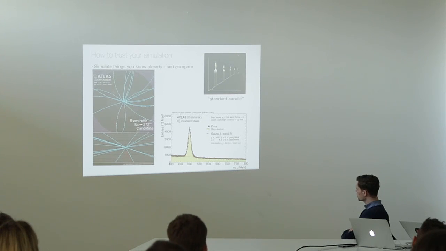And you can see that there's a perfect match between the black data points and exactly the filled yellow shape, which means our simulation describes this known particle to, I don't know, per mill level accuracy, and that's what we wanted to have. If you repeat that more and more often with different standard candles, you can start building up some sort of trust in your simulation, and that is very, very important.